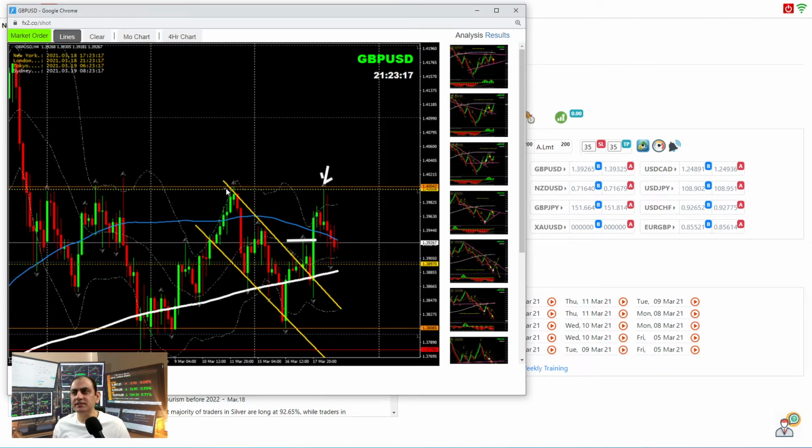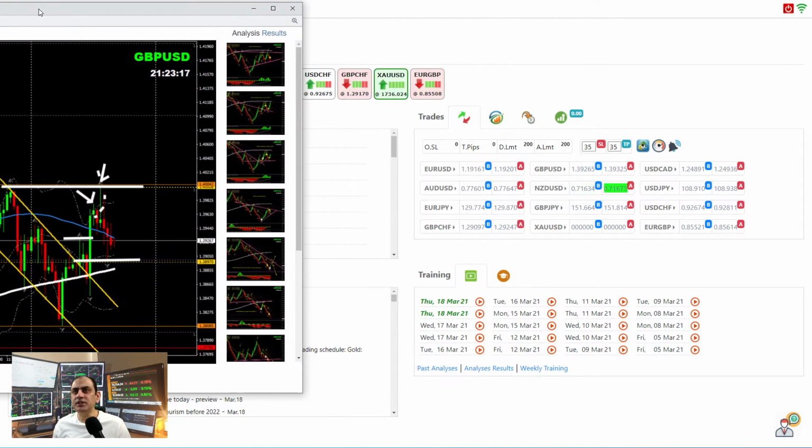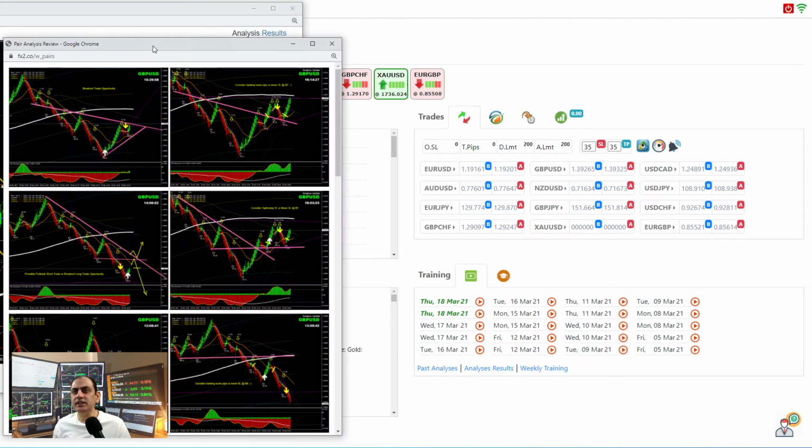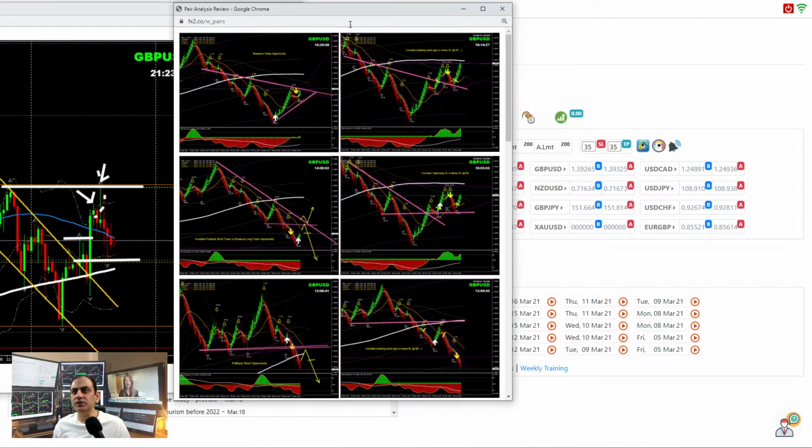As soon as the price hit, we saw some sort of rejection. Once we banked the profit, later on we had this long trade and banked beautiful pips, and afterwards we had a short trade, and we kept banking profit as long as the price hit the support level. All right, let me share with you the intraday analysis of pound dollar.